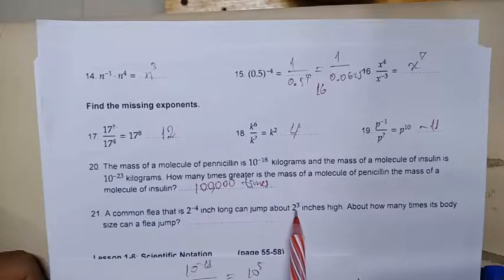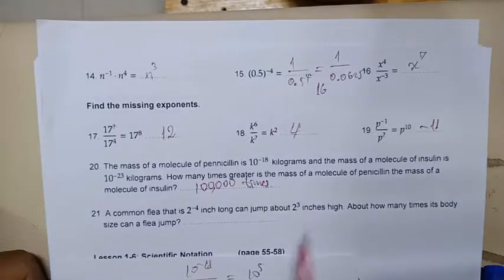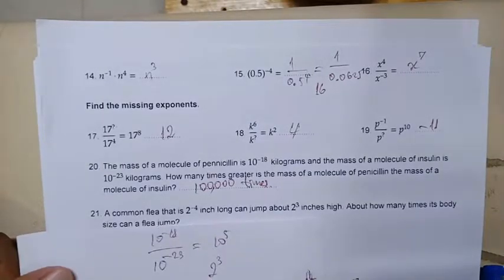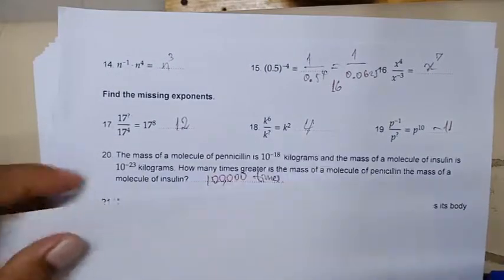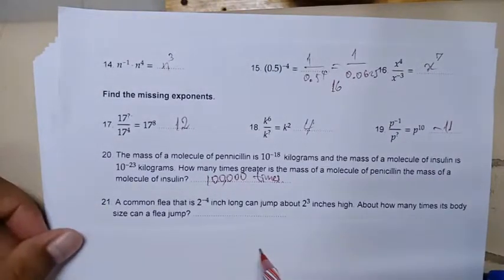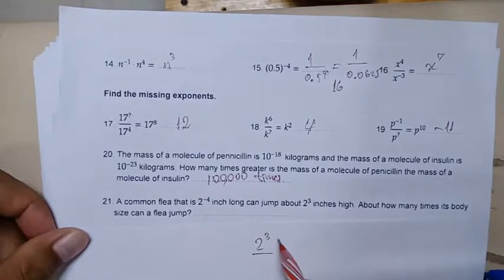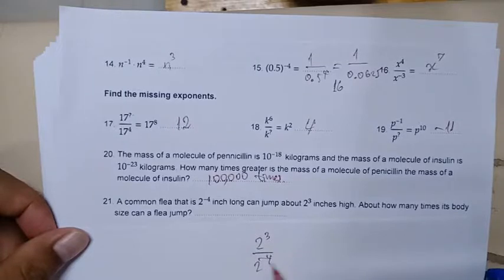So to get this, you have 2 raised to the third divided by 2 raised to negative 4.